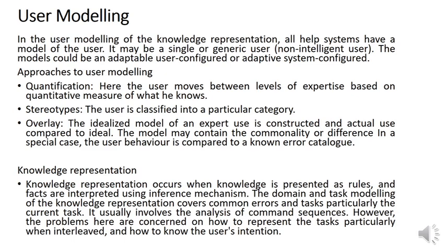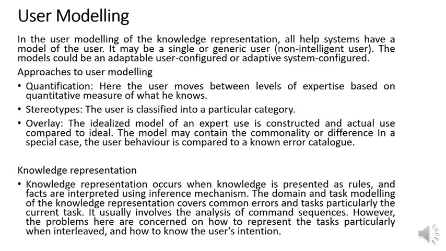Knowledge representation. Knowledge representation occurs when knowledge is presented as rules and facts interpreted using an inference mechanism. The domain and task modeling of the knowledge representation covers common errors and tasks, particularly the current task.